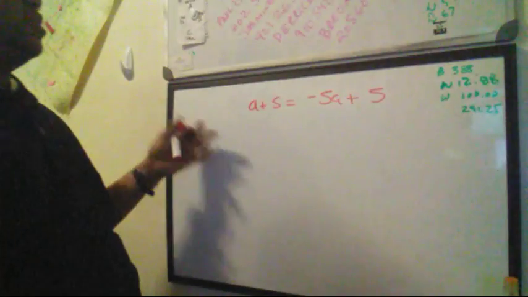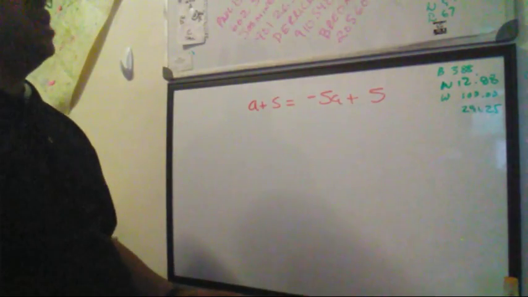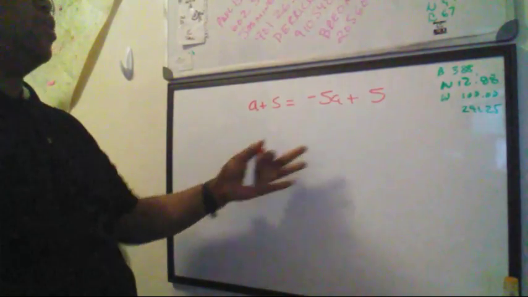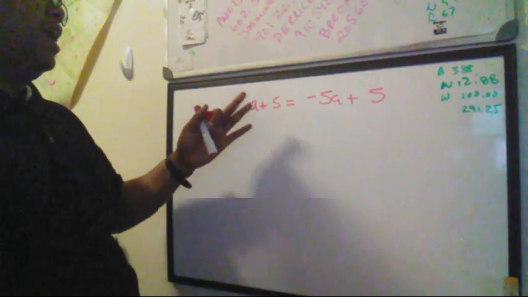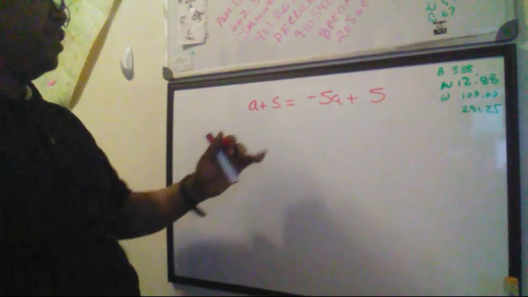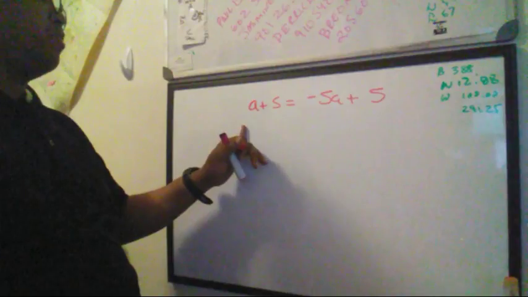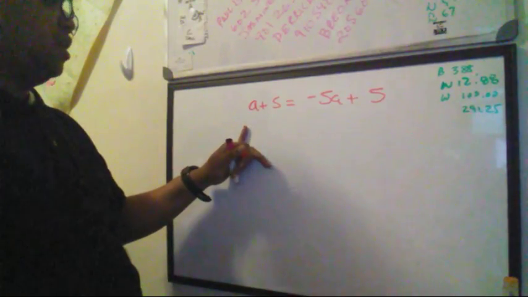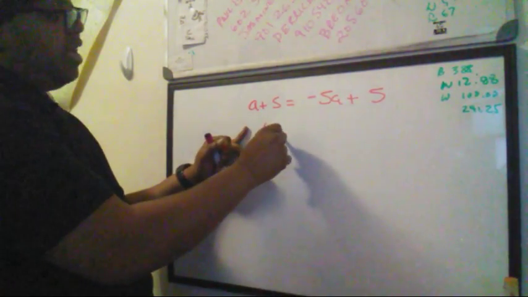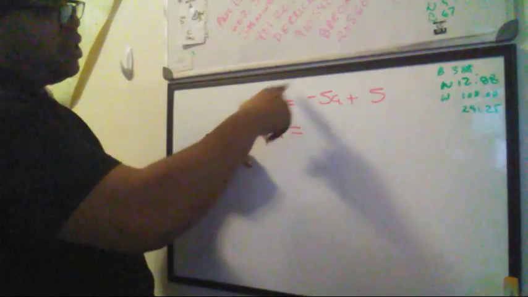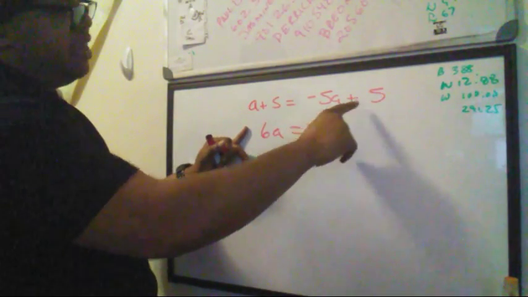All right, so all we want to do is, number 1, I want my variable to be on the side where it's bigger and that is positive. All right, so 5a is going to jump the equal sign and become positive 5a. So we will have 6a. But this 5 is going to go to the other side and become -5, and then this positive 5 is still there.